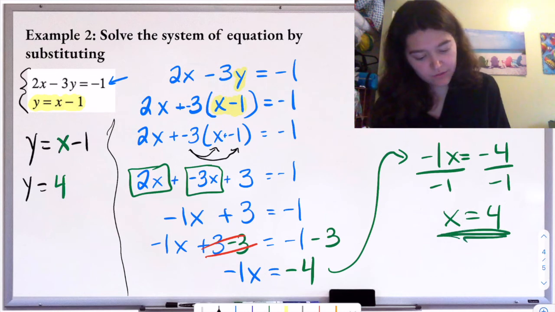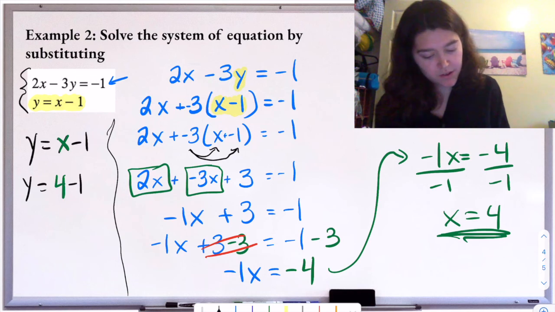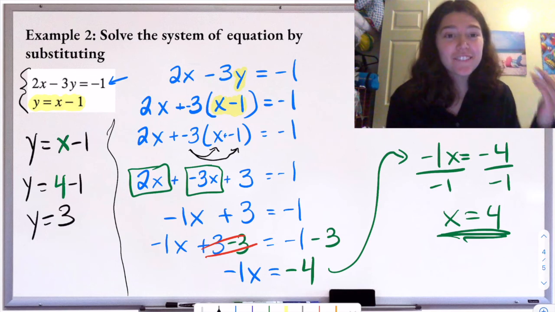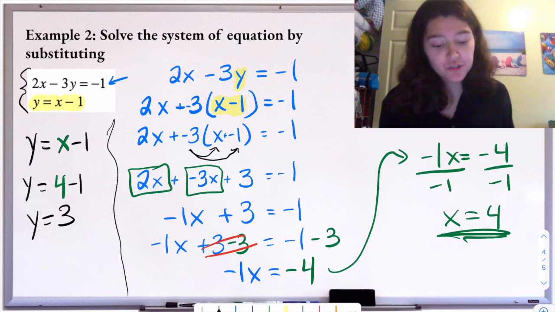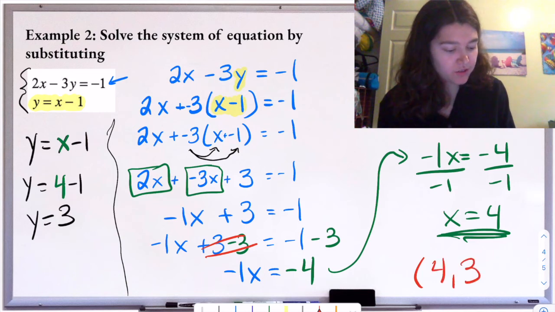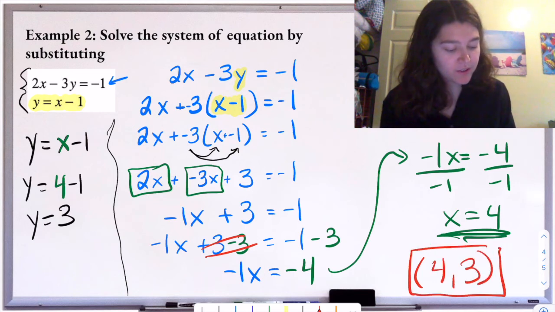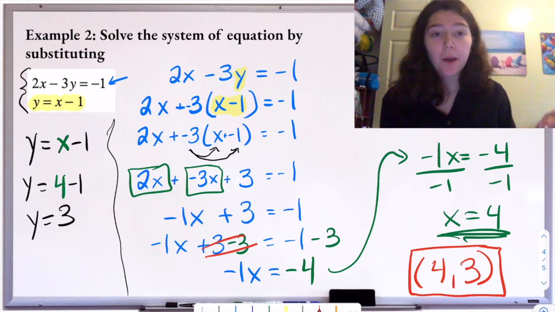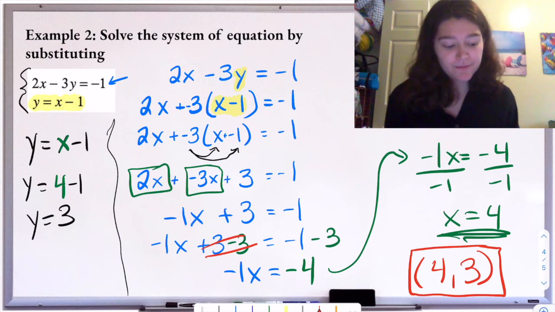And then I have 4 minus 1. So y equals 3. Thus, the final answer, the solution to the system of equations, is (4, 3). The x value is 4 and the y value is 3. That will make both of these equations true.